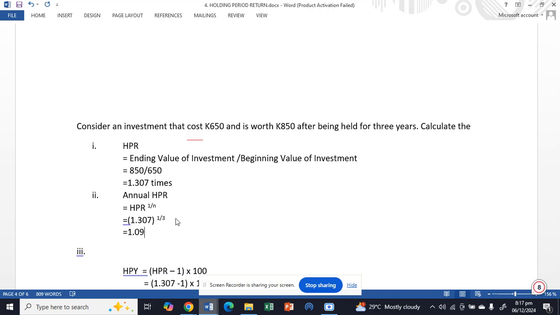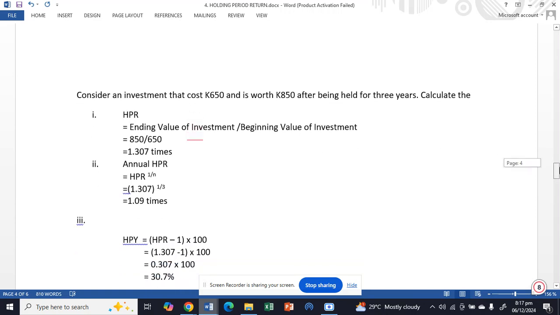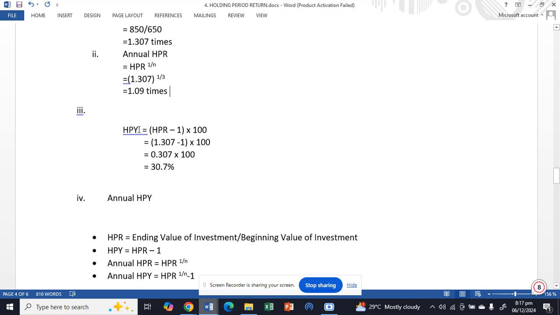Okay, so on an annual basis, our investment has been growing 1.09 times its original value. Then our annual HPY. So we know 1.09 is the same as 9%. So on an annual basis, our investment has been growing by 9%.